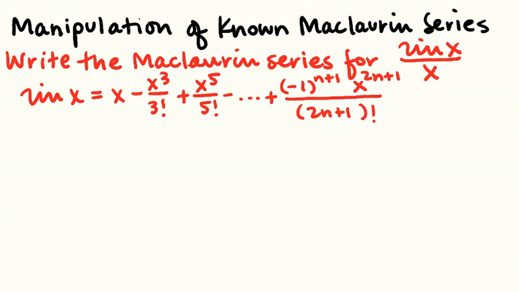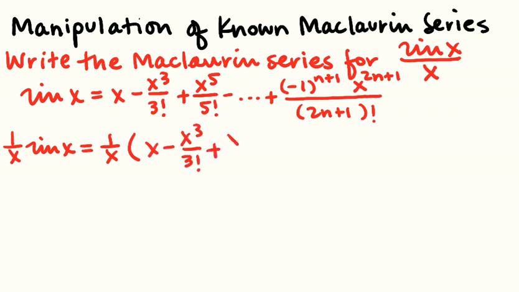Well, if I wanted to get sine x over x, that's like multiplying by 1 over x. So 1 over x multiplied by sine x would be 1 over x times x minus x to the 3rd over 3 factorial plus x to the 5 over 5 factorial, and so on. I can even distribute this to the general term.